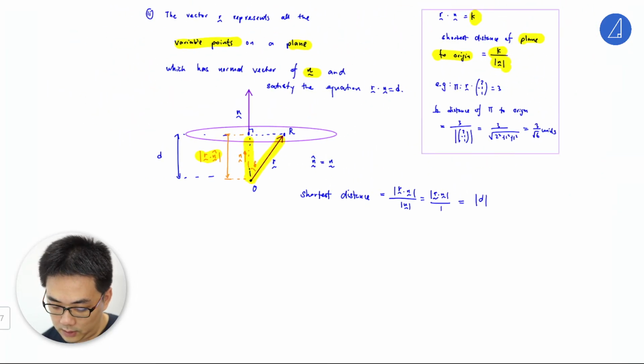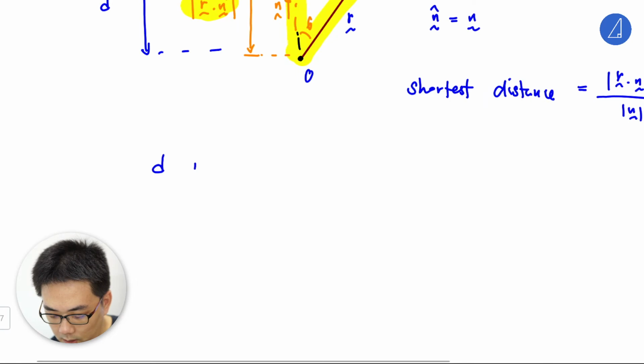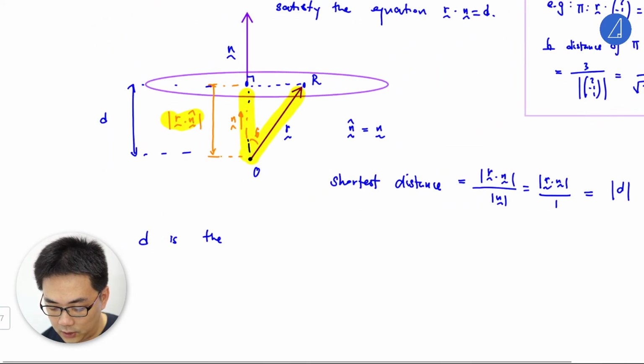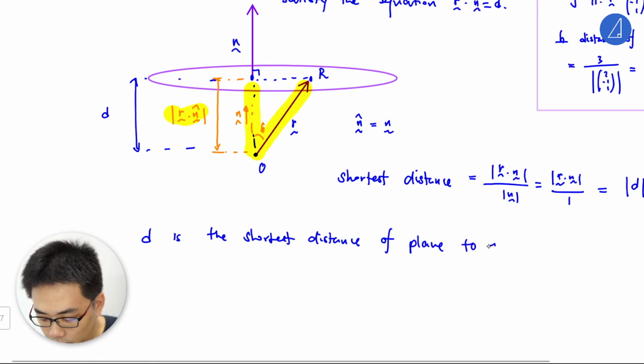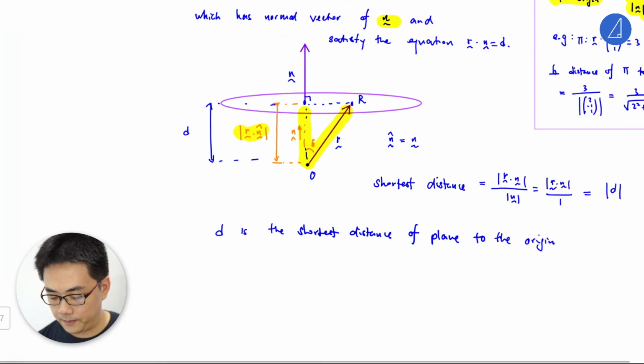D is the shortest distance. D is the displacement. Okay, you realize that this is a displacement because it's the shortest distance of the plane to the origin.